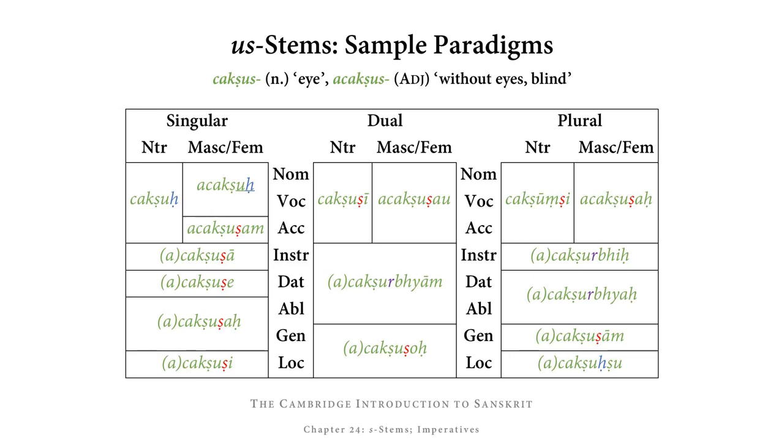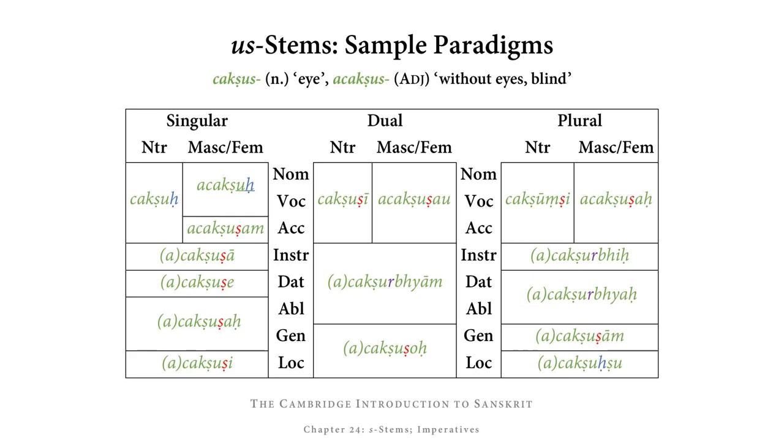Now in the masculine and feminine, we again have forms that are different from the neuter only in nominative, vocative, and accusative, so let's look at those. In the singular, we actually have one formal difference from as stems, one form where we have a different ending in is and us stems than we have in as stems, and that is in the nominative singular, where we have acakṣuḥ, which is identical to the vocative singular acakṣuḥ.